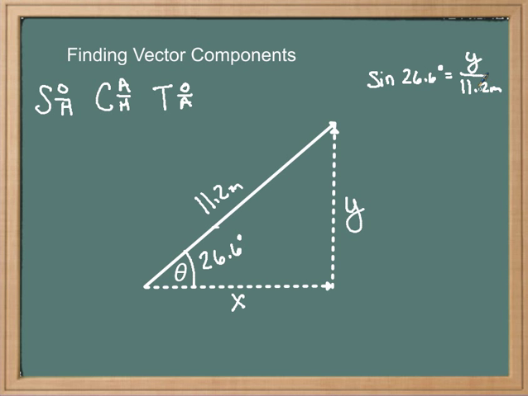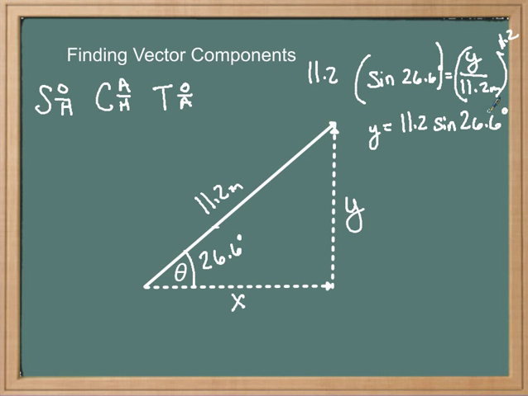So to move this over, I need to multiply both sides by 11.2. And when I do that, I get that y is equal to 11.2 meters times sine of 26.6 degrees.